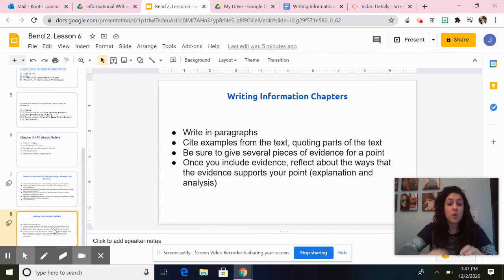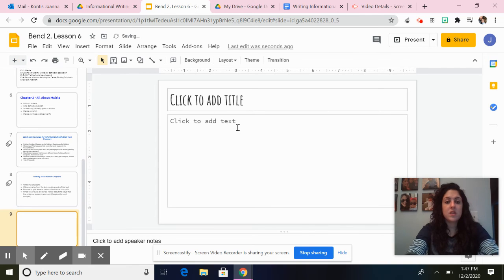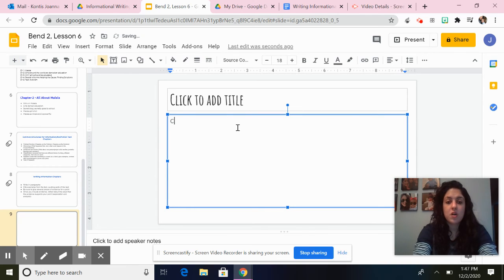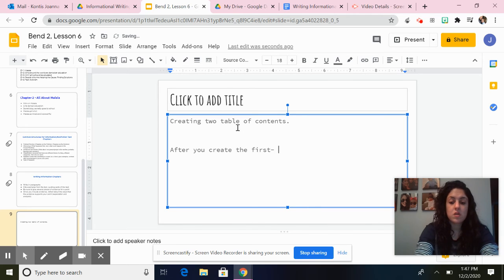So today's focus, I'm going to add it in. Today's focus, we are creating 2 table of contents. After you create the first, look it over.